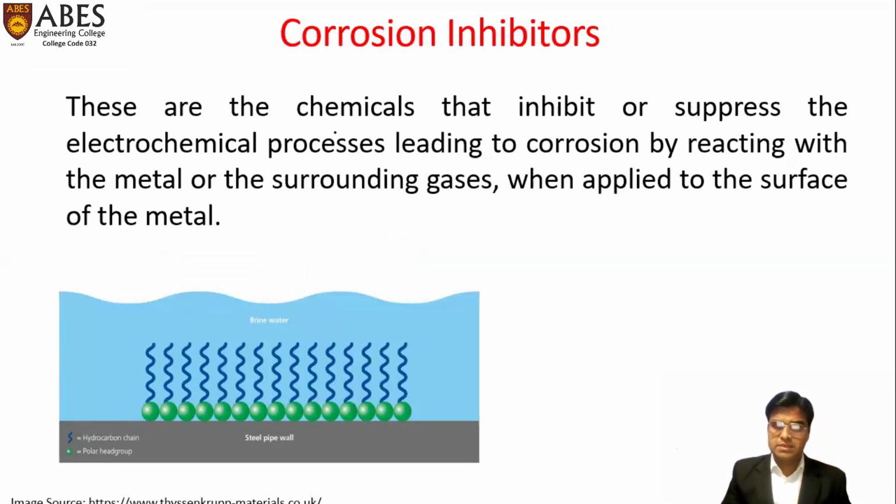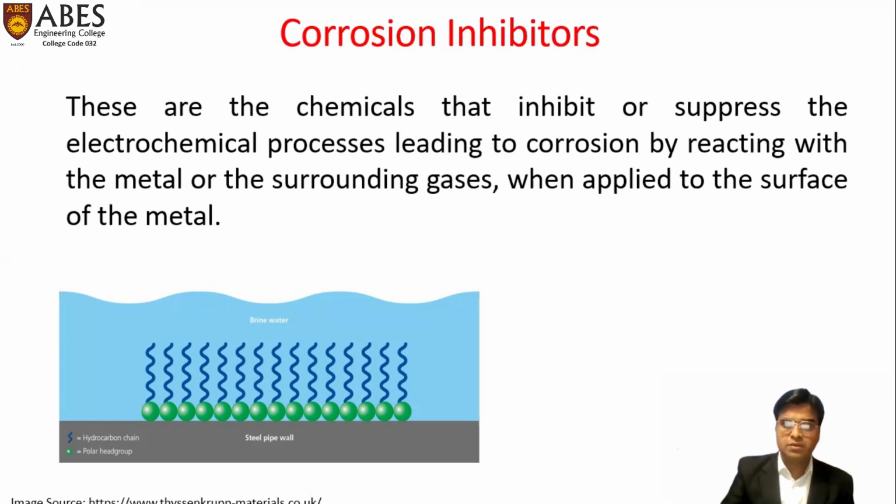These are the chemicals, those may be inorganic or organic, that inhibit or suppress the electrochemical process leading to corrosion by reacting with the metal or the surrounding gases when applied to the surface of the metal. So when we apply these materials, they inhibit or retard the electrochemical processes which are responsible for corrosion. These are called corrosion inhibitors.